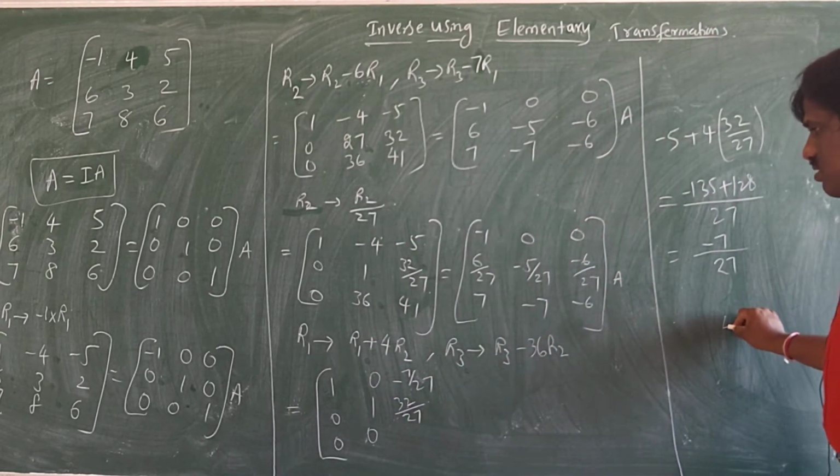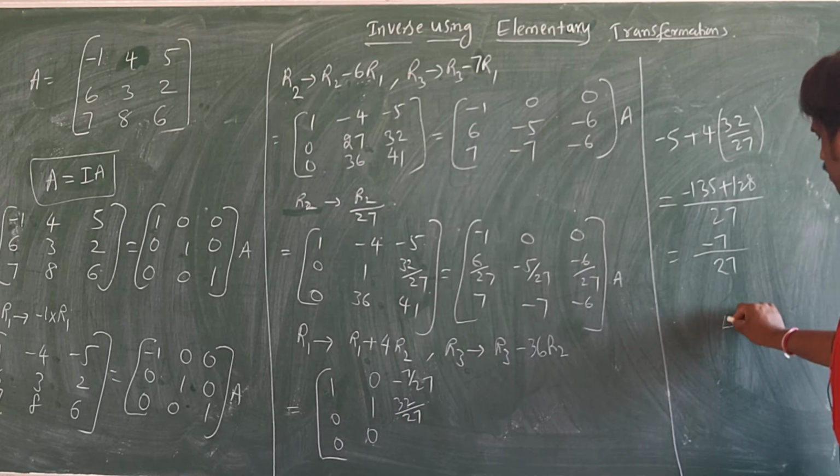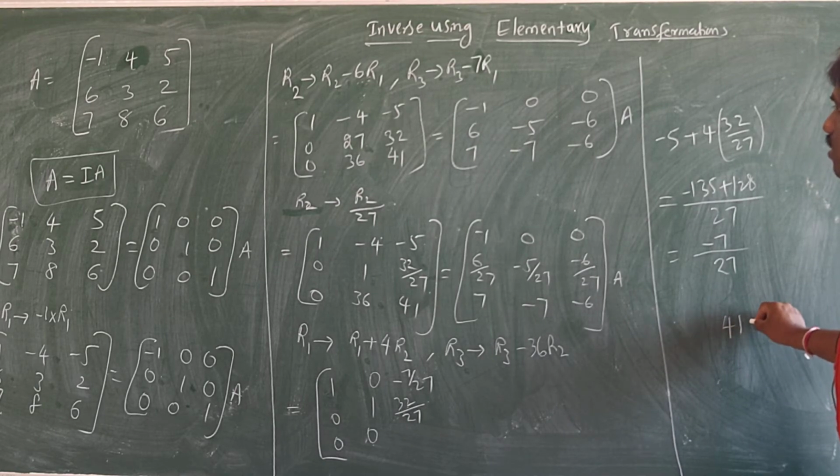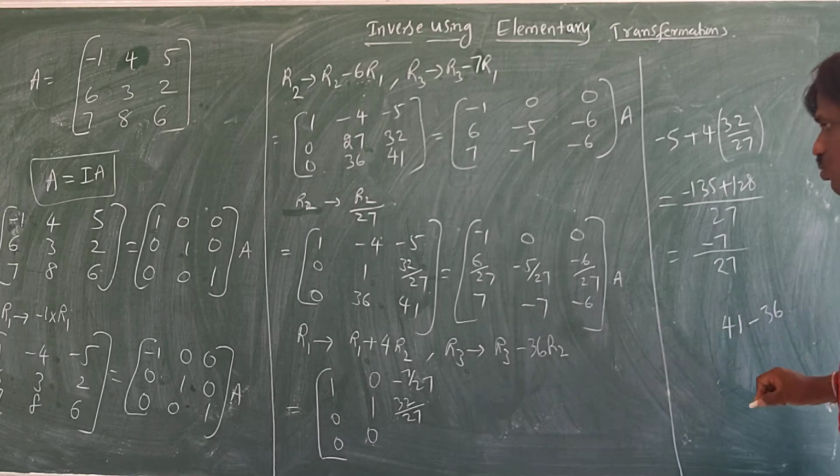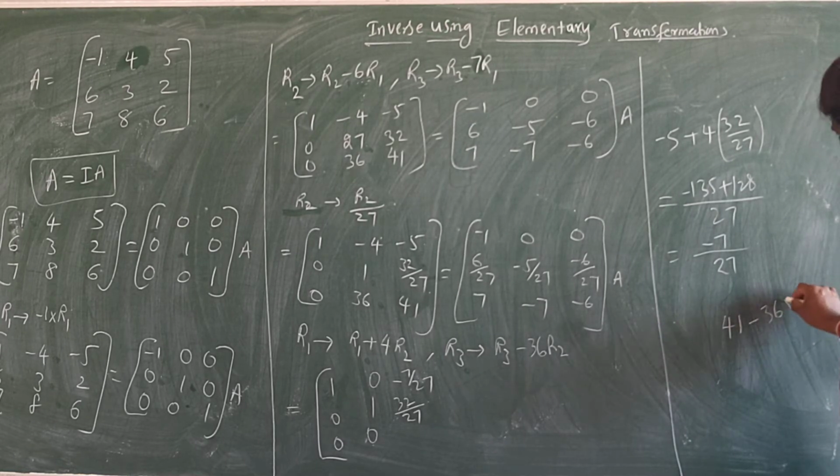R3 means 41, right? 41 minus, tell me faster, minus 36 into 32 by 27.